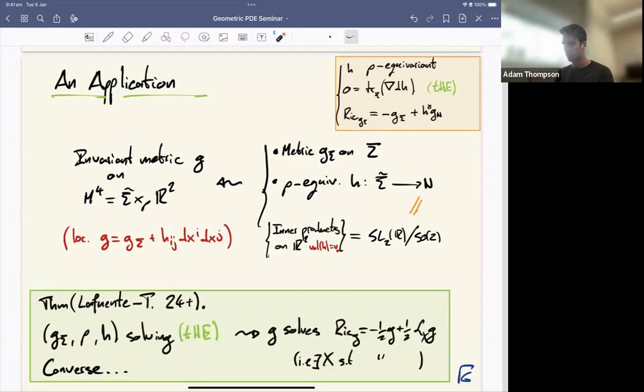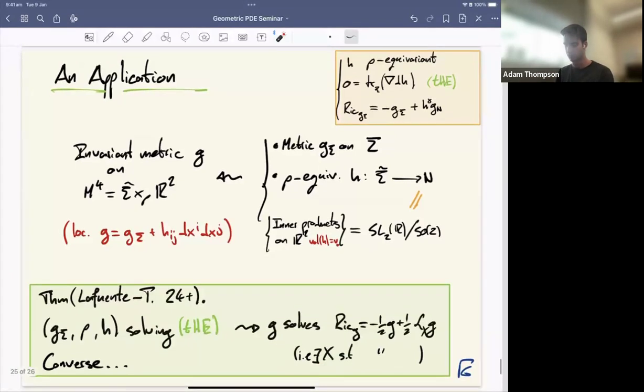And so the twisted Harmonic-Einstein equations arise really naturally in that context, as a dimensional reduction of that under a particular type of symmetry. I didn't have time to talk about the converse, but I just wanted to mention here that with some assumptions, the converse is essentially true.